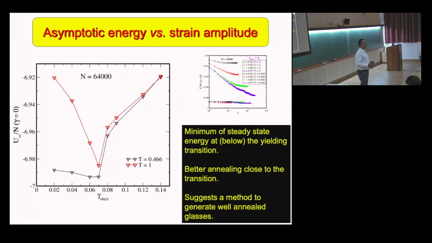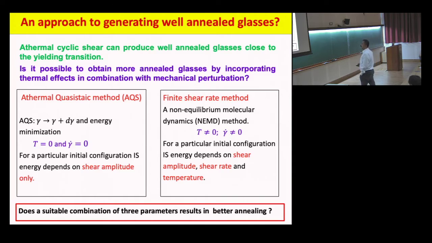But this suggested to us that if you were to shear a glass close to the yielding point but below, this might be a good way of generating well-annealed samples. That idea we take forward, and instead of doing the athermal quasi-static procedure, which was the limit for the data in the previous slide, we now adopt a finite temperature, finite shear rate simulation procedure. One way of thinking about it is that this expands the various mechanisms by which your glass may relax.